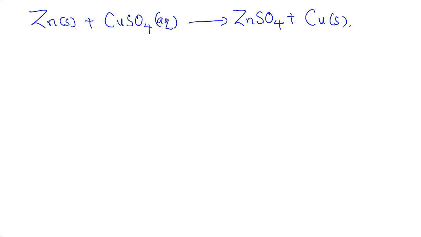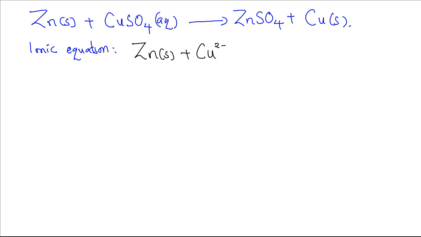Ionic equation. So that is zinc solid plus copper 2 ions, that leads to formation of zinc ion plus copper solid.